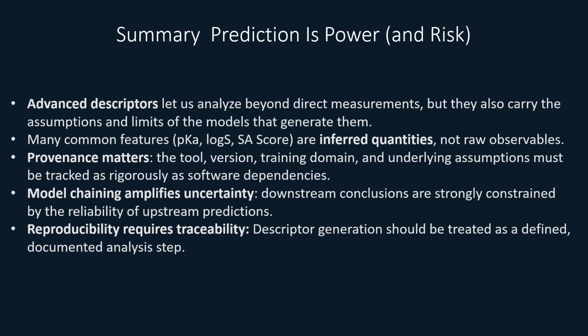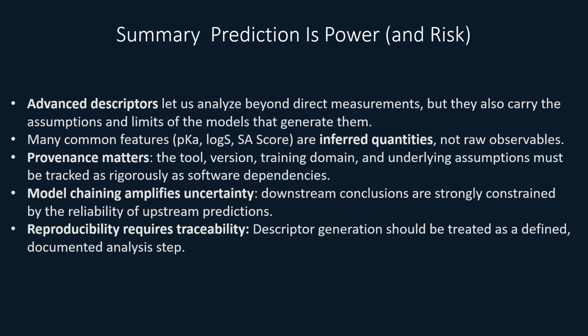So to summarize, advanced descriptors allow us to reason beyond what we can directly measure, but they also carry the assumptions and limitations of the methods used to generate them. Many commonly used quantities such as pKa, solubility, synthetic accessibility scores, are inferred values rather than raw observables.